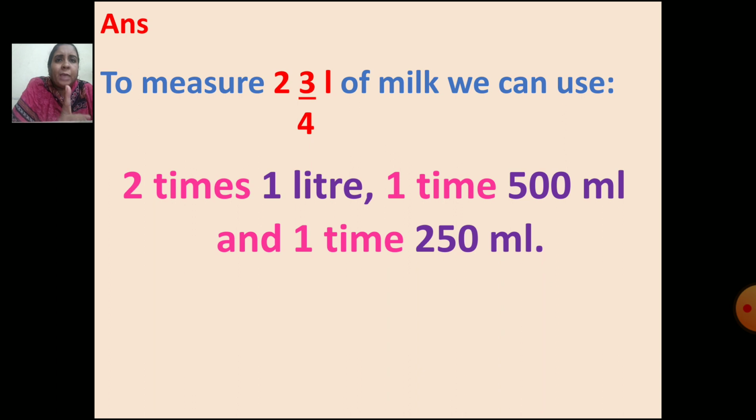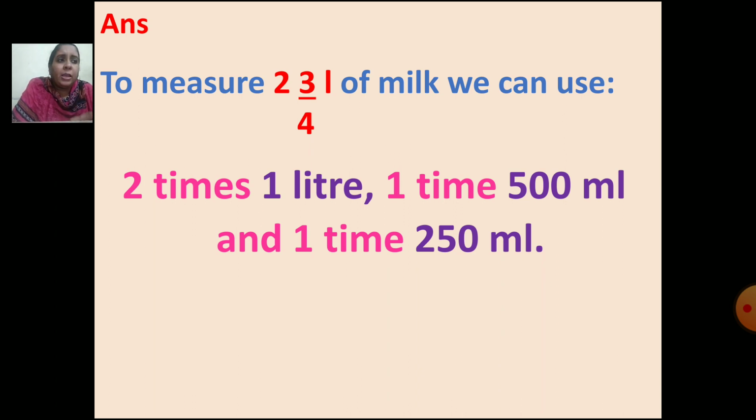And then 1 time you will take 500 ml, and then 1 time you will take 250 ml. So 500 plus 250, it will become how much? 750 milliliter. That is, it will become 2 and 3/4 liter of milk. Okay, so this is one way of measuring 2 3/4 liter of milk.